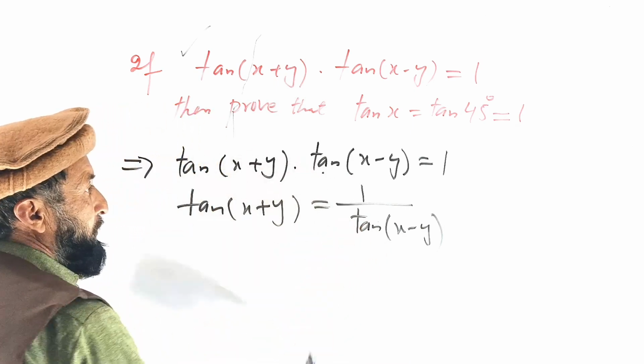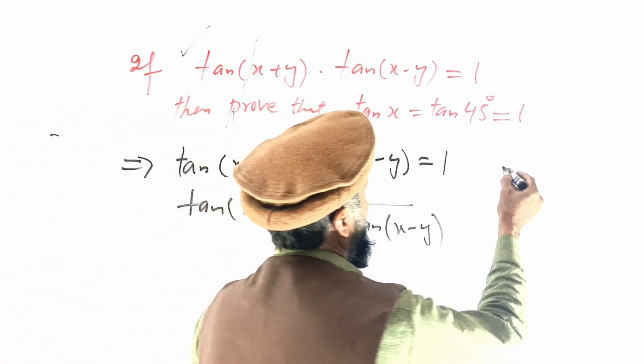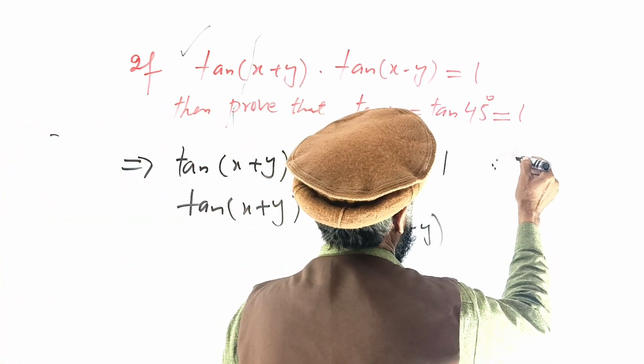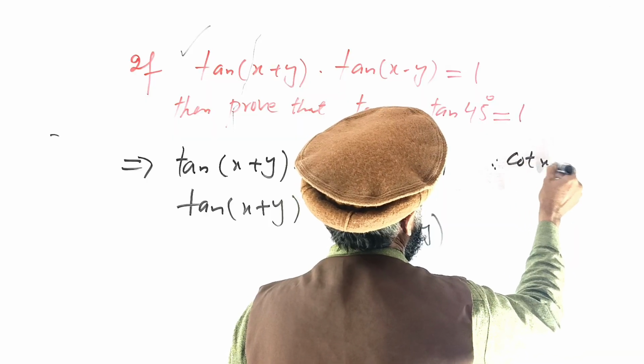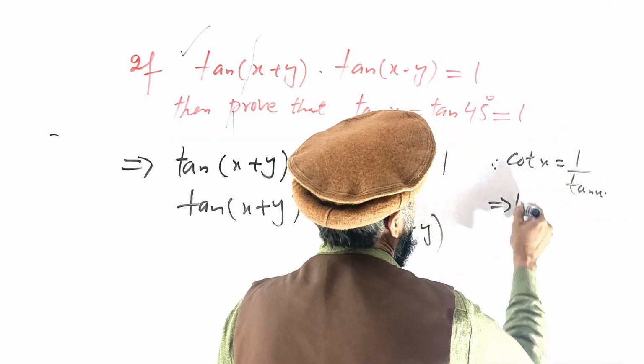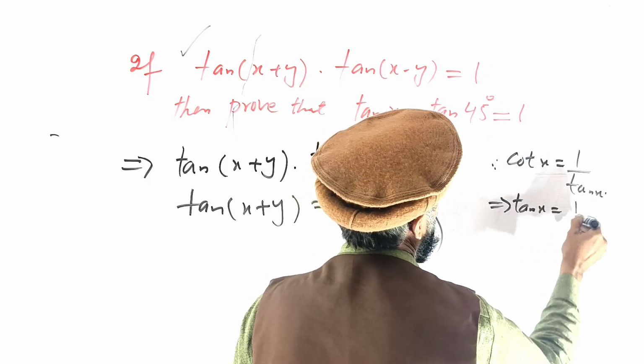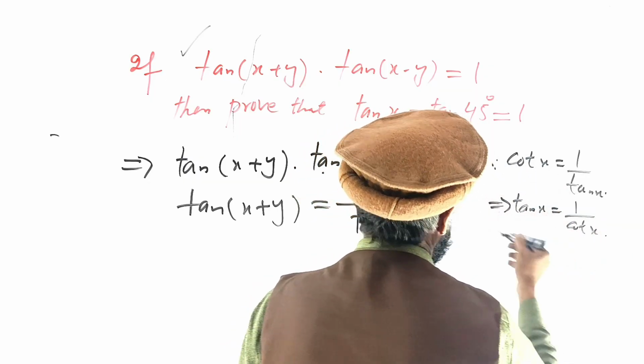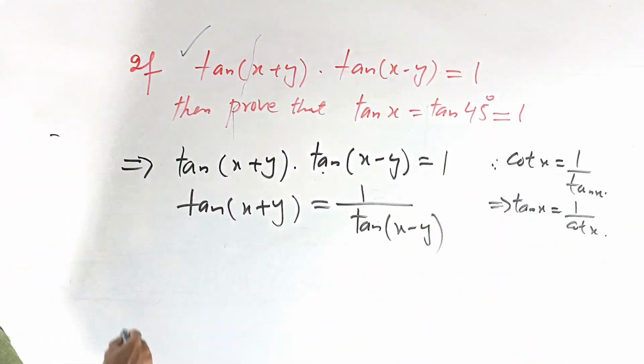According to the formula, as we know, cotangent x is equal to 1 over tangent x, or we can write tangent x is equal to 1 by cotangent x. This is the rule we can apply here.